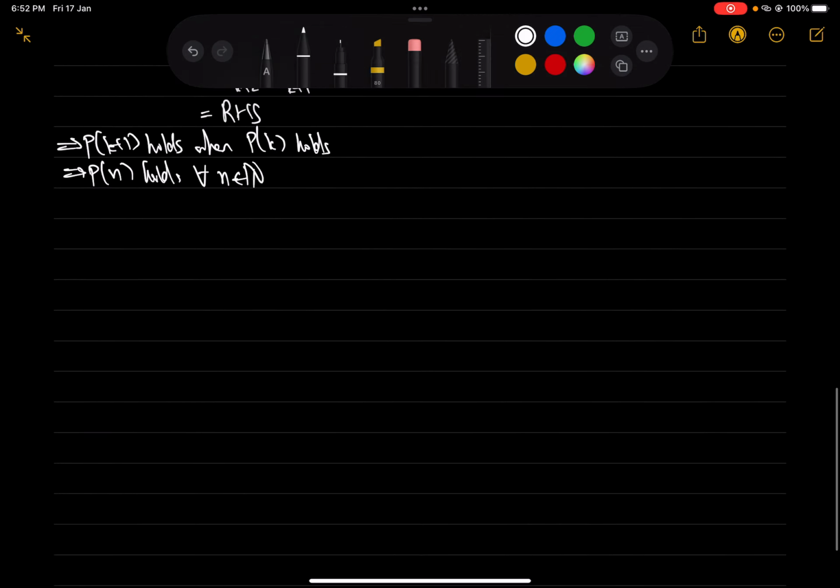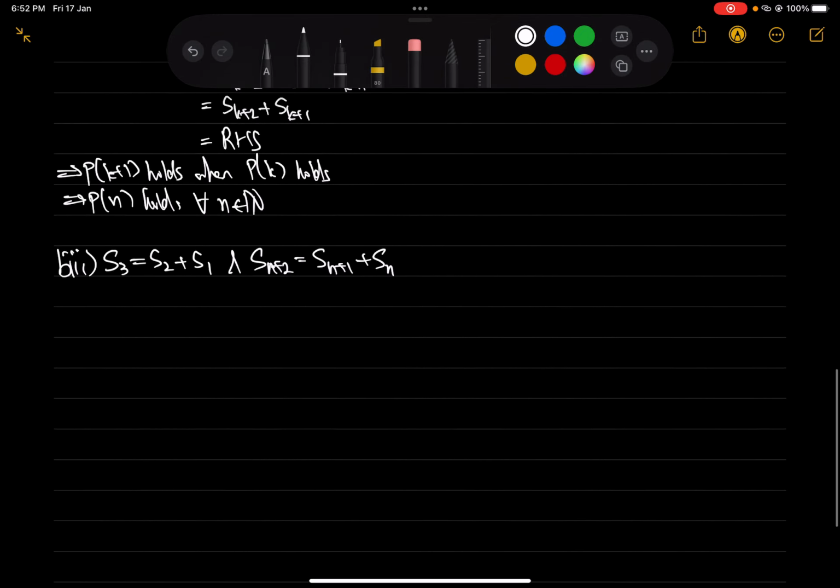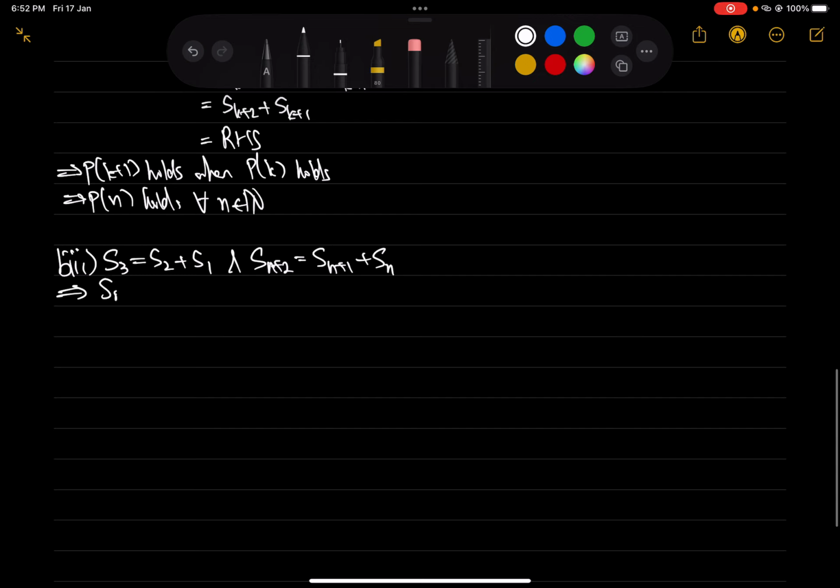B3 is, you could prove that by intuition. So we know that S3 is S2 plus S1. And S(n+2) is equal to S(n+1) plus Sn. Which implies Sn, maybe I should write it the other way around so it's clearer, is equal to S(n-1) plus S(n-2).